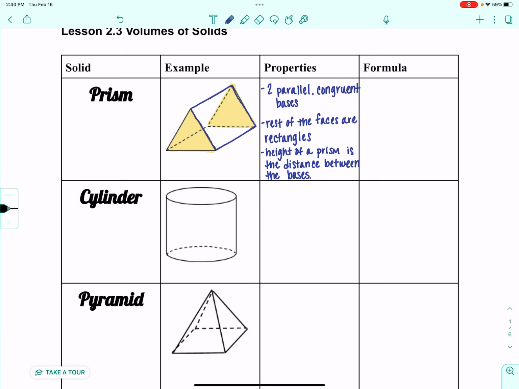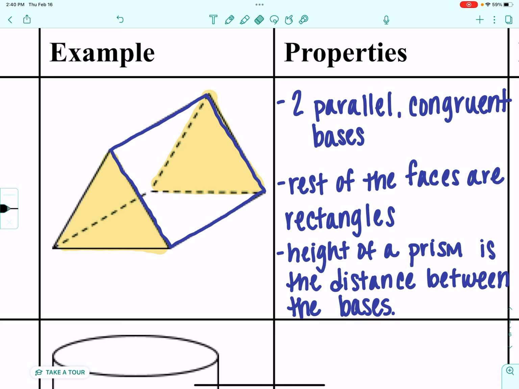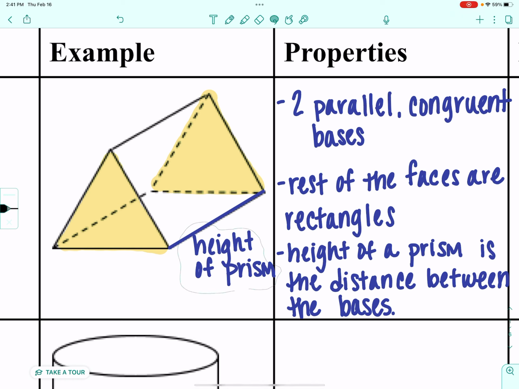So in the case of our happy little triangular prism here, the distance from one base to the other is the height for the prism. That's important. You need to be able to differentiate the height of the prism from the height of any other part of the prism.